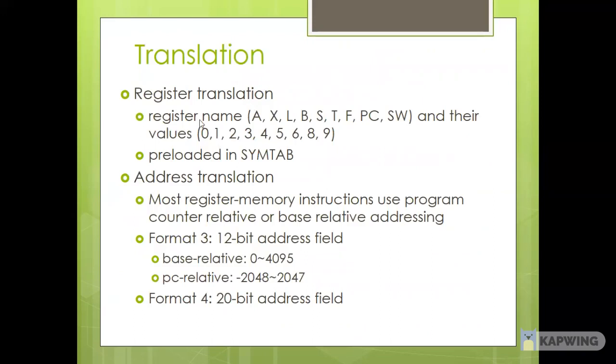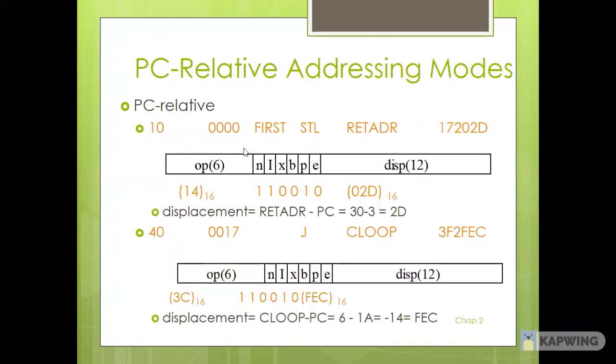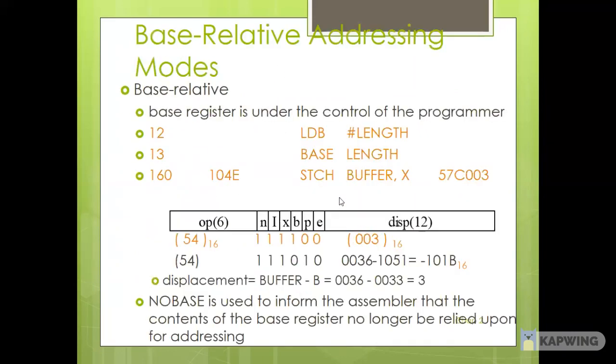Register translation: the register names and their values are preloaded in the symbol table. Address translation: most register-memory instructions use program counter relative or base relative addressing. The formats have a 12-bit address field for relative modes and a 20-bit address field for the extended format. So this is your 20-bit address field.